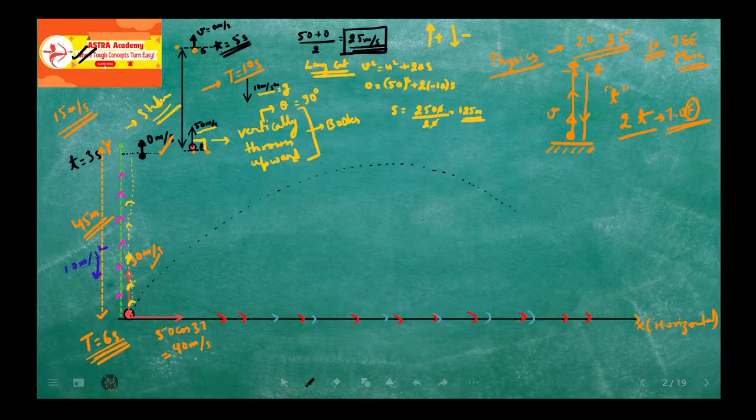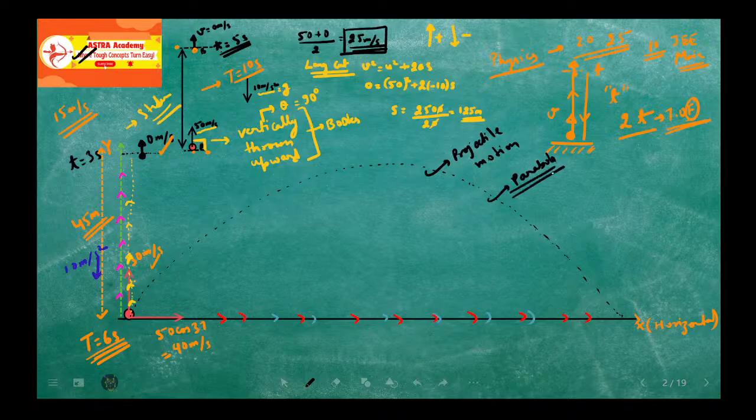So the body is moving in the horizontal as well as vertical direction, and that is why this motion is projectile motion. We are not studying projectile motion now, we are studying motion in 1D only. This is projectile motion, and this path is a parabola.